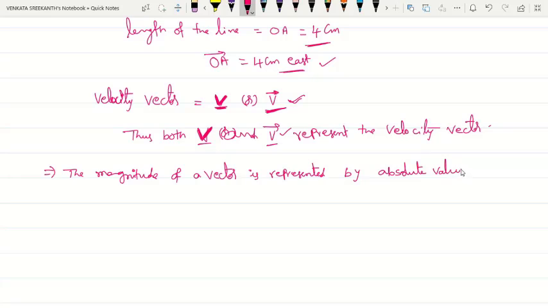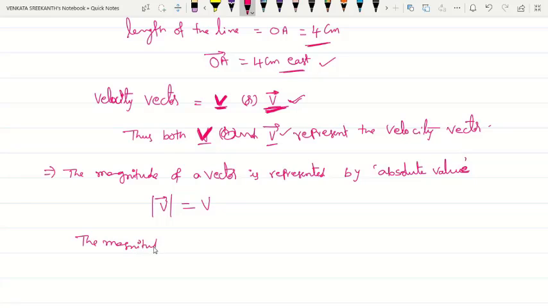In your mathematics, you have the meaning of absolute. That absolute value means, if you are representing the velocity vector, they write modulus of V bar. This value is always a scalar form. That's why I am saying the magnitude of a vector is always a scalar.